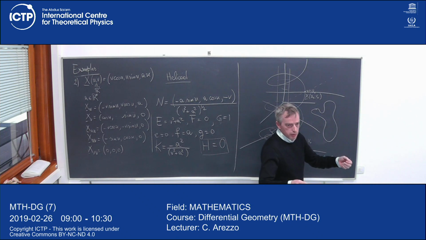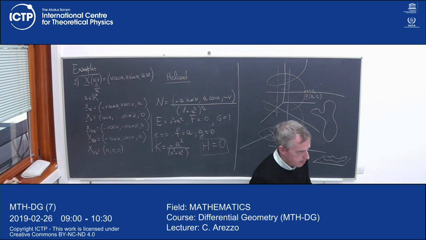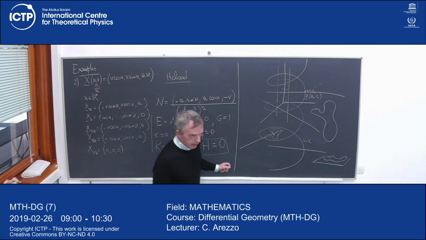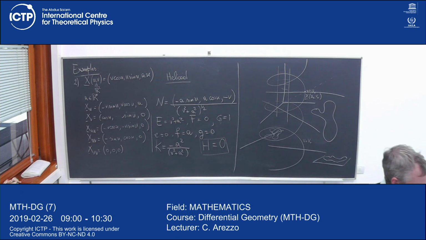And why is that? The mathematical explanation is that the plane has zero mean curvature. Now I've made it a bit rough. There are subtleties in all this story, but depending on how big the size is, you could have more than one solution.